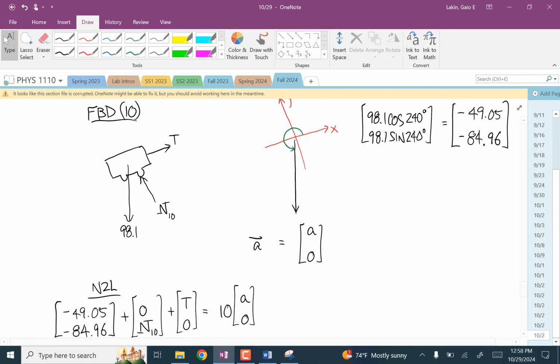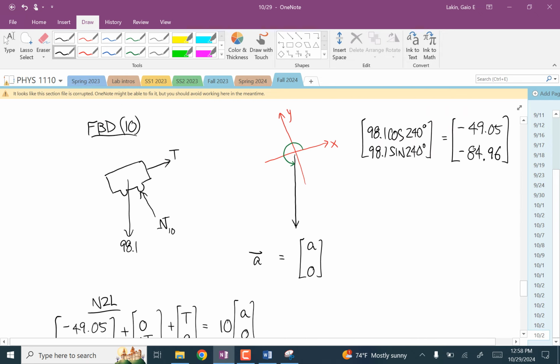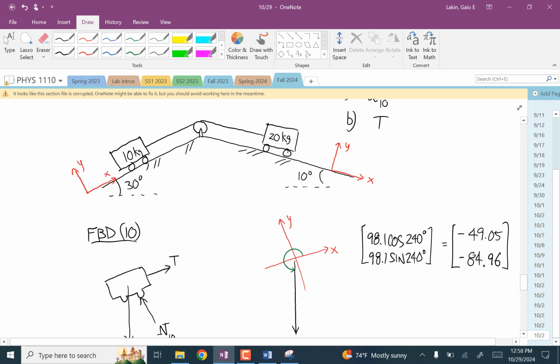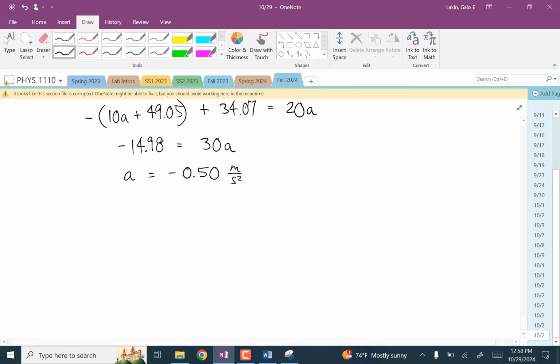If I plug that into the first one, I get that it's accelerating in the negative x direction. So this whole system is accelerating this way, and the magnitude of it is 0.5 meters per second squared.